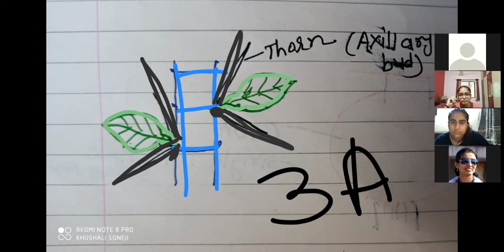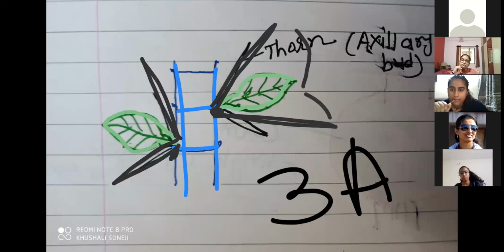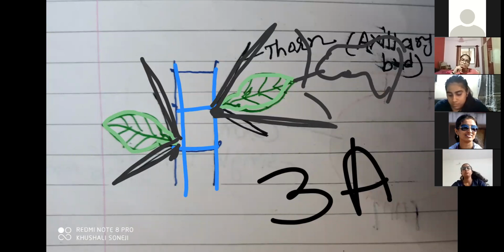Actually the leaf is in this position, and it gets covered with this thorn. So if any animal visits and tries to eat this plant, that leaf part, it actually has to face this thorn, which is a pointed structure. So generally animals avoid this type of plant.